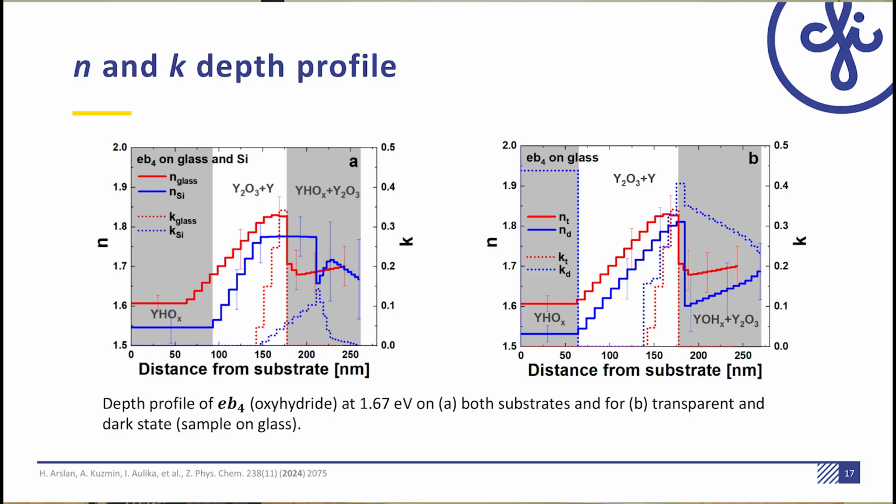The blue curves present irradiated yttrium hydroxide, and we can see that the refractive index is decreasing and the extinction coefficient is increasing under UV irradiation. This analysis helps us determine the optimal e-beam evaporation conditions needed to produce uniform yttrium hydroxide films without such complex gradients, which reduce the film's photochromic quality.